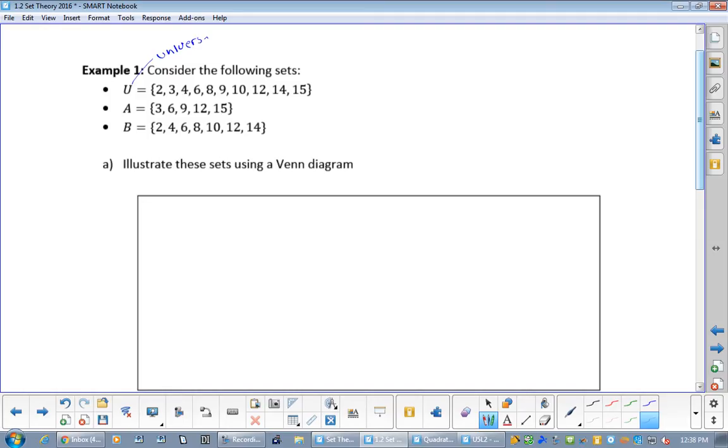Okay, so that's basically everything you're dealing with. And then it says, well, A is 3, 6, 9, 12, 15. And B is 2, 4, 6, right? So you could see that A would be all the multiples of 3. And B is all the multiples of 2. Okay? That makes sense?